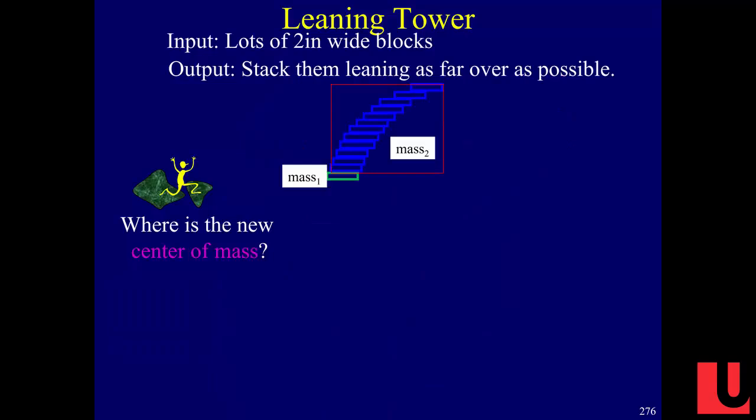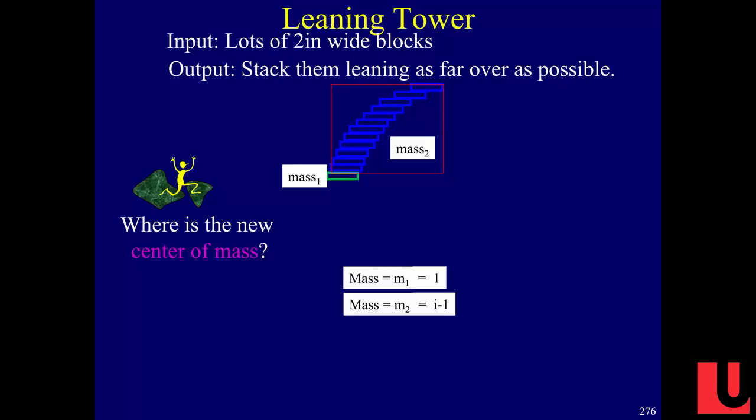Let's calculate what our masses are. The mass of the green block is just one block, so let's call it 1. The mass of the blue block, well, we haven't said how many there are there, but let's say that this is our ith block, so the number above us is I minus 1. So we have our masses.